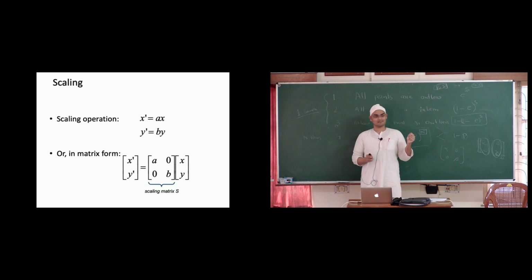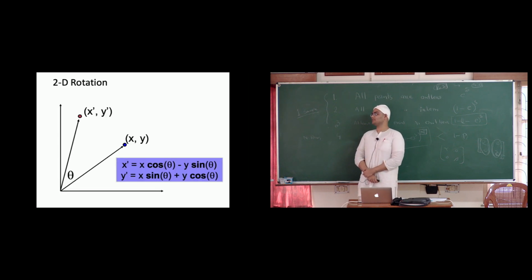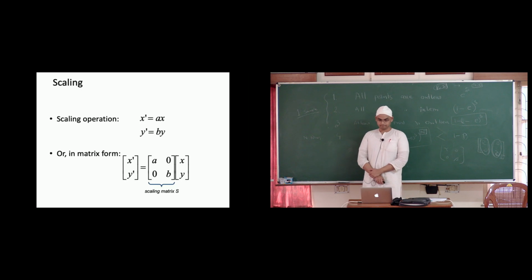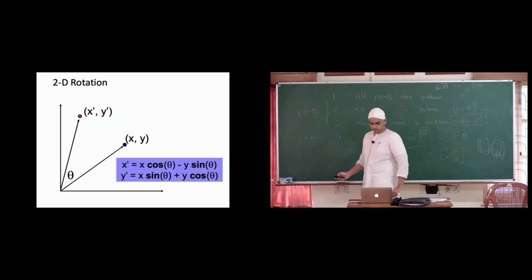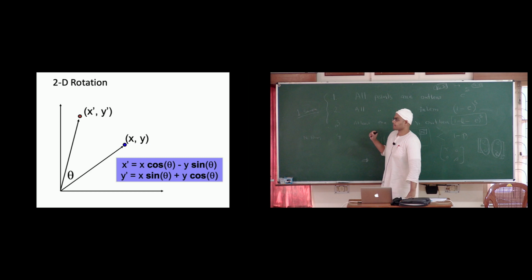Rotation. What do you think would happen to the rotation? I can write it down in this way. I had these x, y points. After theta rotation, I went to x bar, y bar.